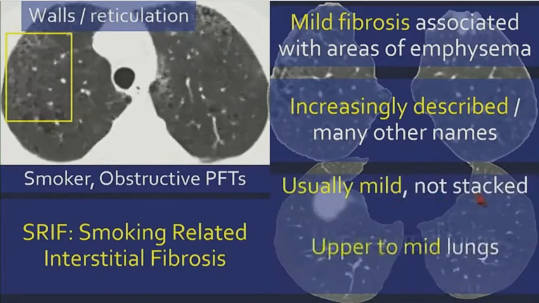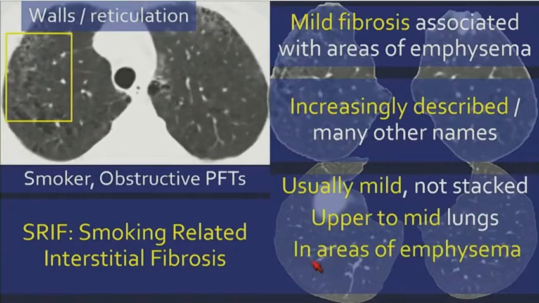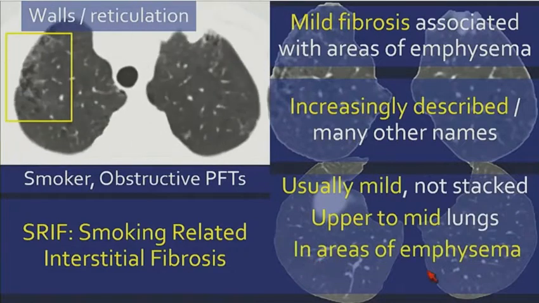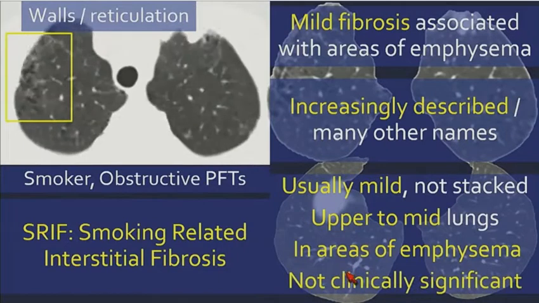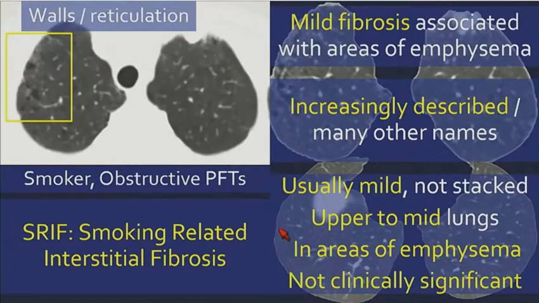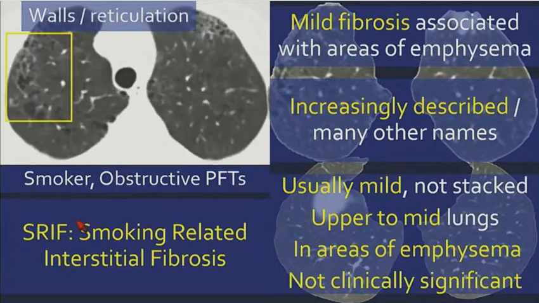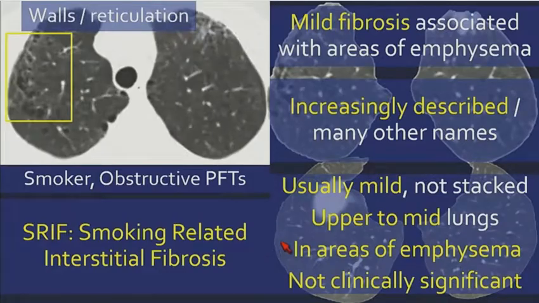And it's usually mild. They're not stacked cysts, and it involves the upper to mid lungs rather than the lower lobes. And these occur in areas of emphysema. Most importantly, though, it's not clinically significant. It does not typically give you a restrictive pattern, and it is not typically progressive. So it's very important to distinguish cases of SRIF from cases of CPFE, the combined pulmonary fibrosis emphysema spectrum.